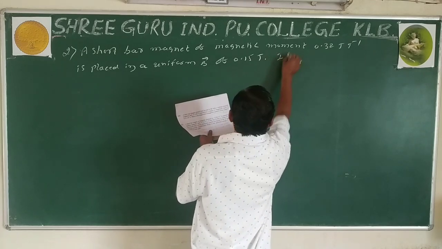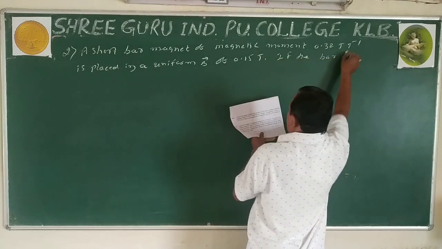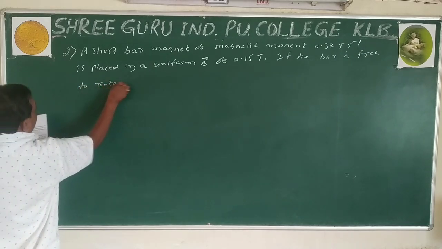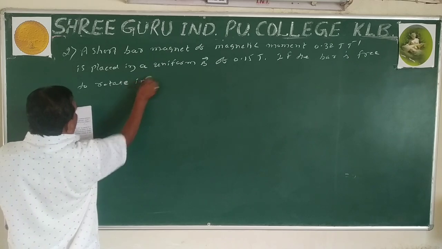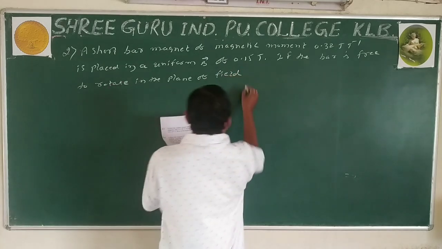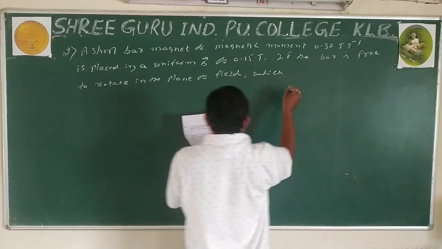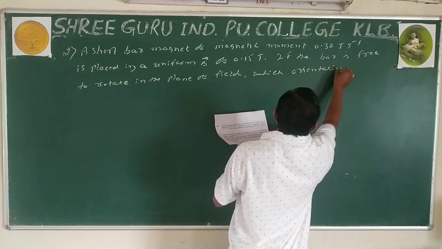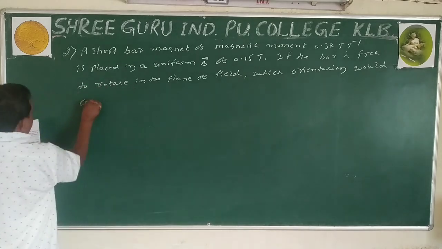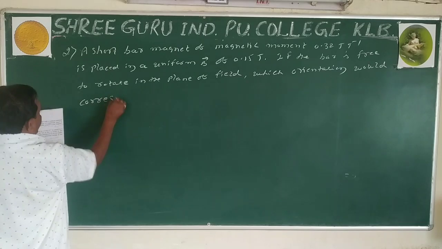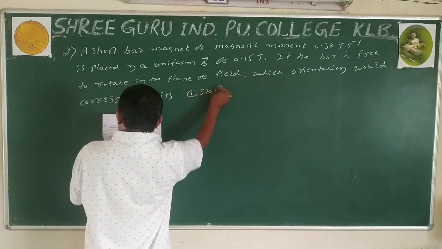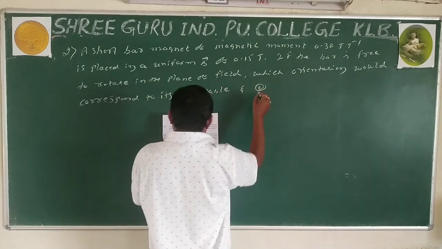If the bar is free to rotate in the plane of the field, which orientation would correspond to its number 1 stable and number 2 unstable equilibrium.